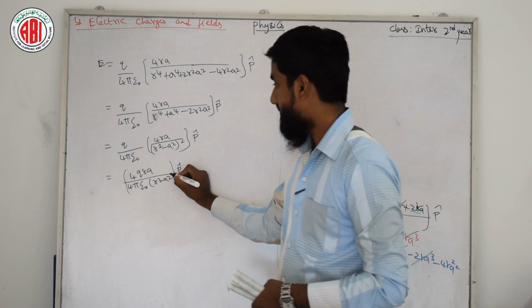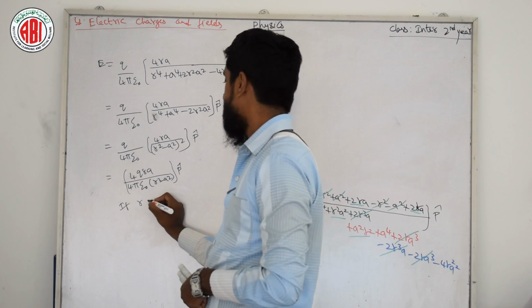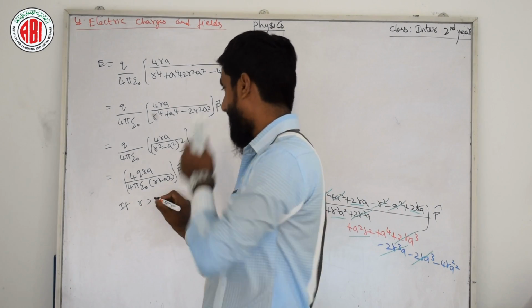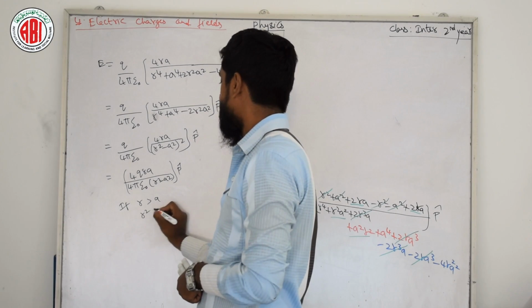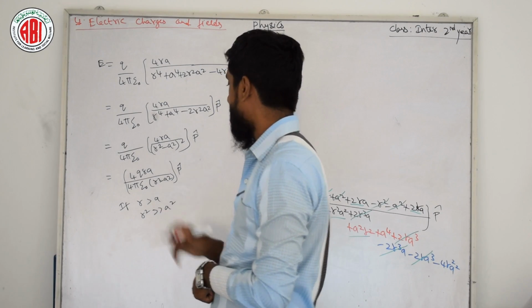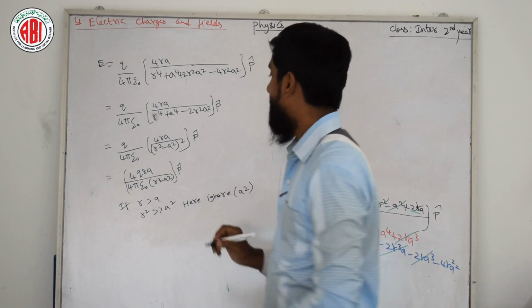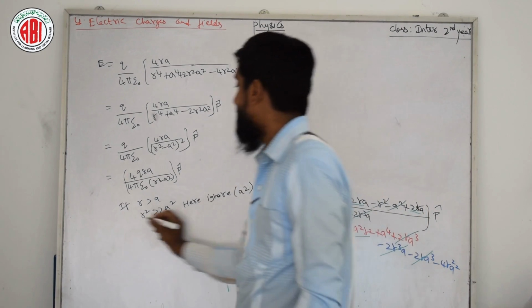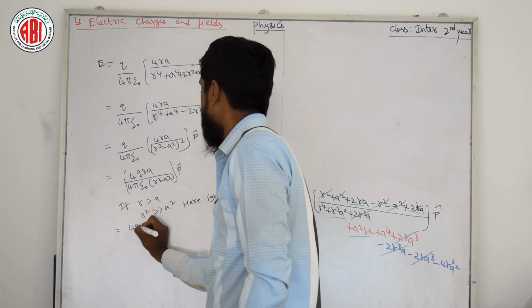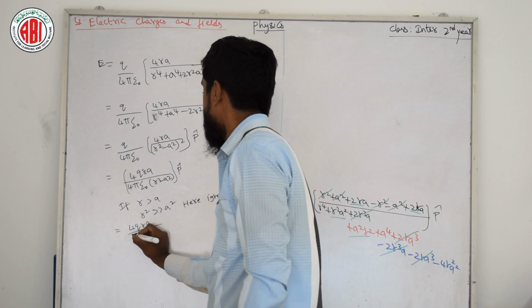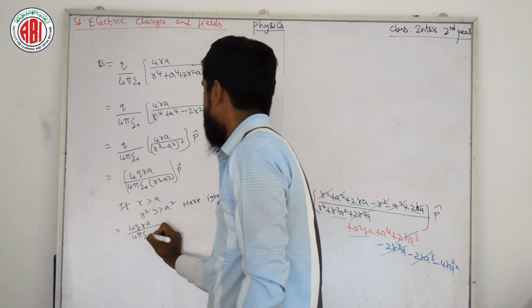Now if R is much lesser than A, so R square is also very much lesser than A square. So in this case we can ignore A square. So the final step we will get 4Q R A by 4 pi epsilon naught.